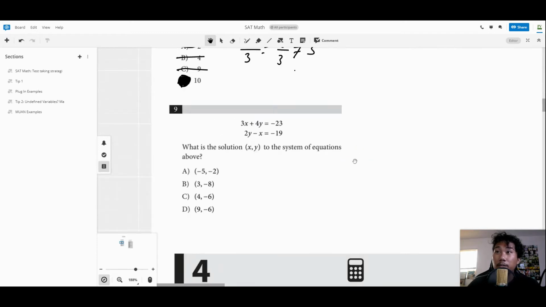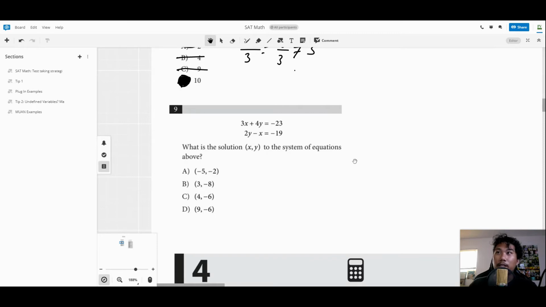So next is this. We have a system of equations, and the question is asking us to find the solution to the system of equations. So just like the previous problem, I'm going to take the answer choices and substitute them back into the problem. Unlike the first problem that we just did, I don't have a ballpark estimation as to what the values could be.